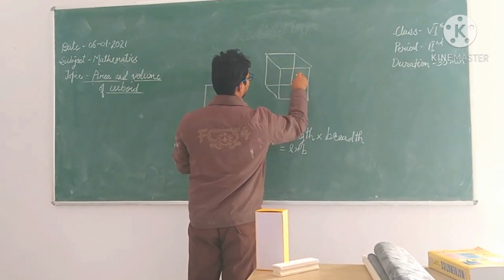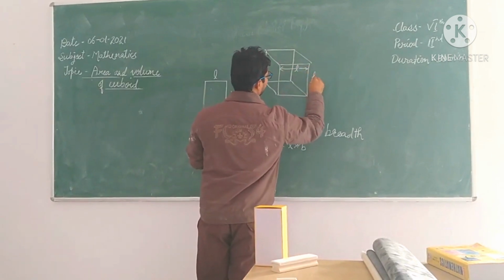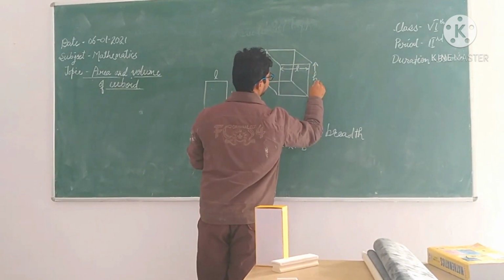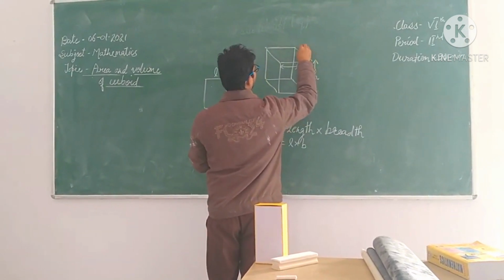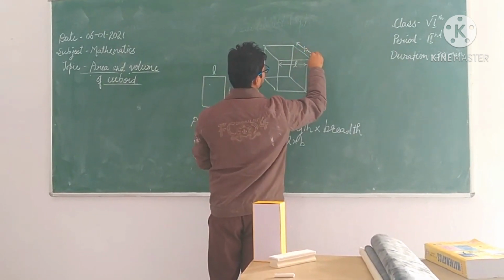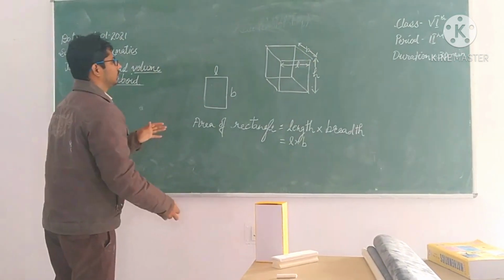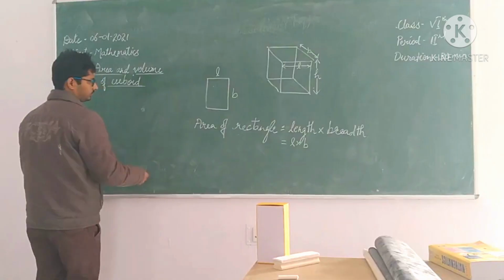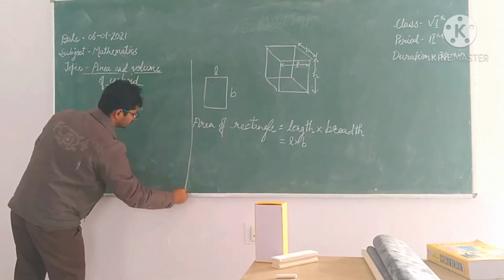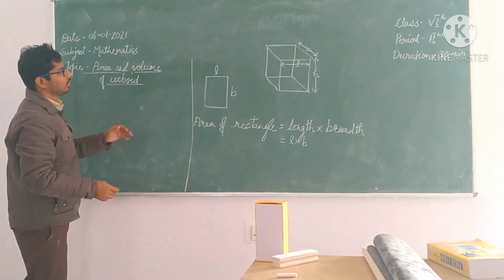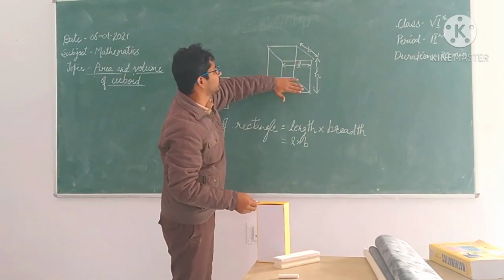So this is length, this is height of the cuboid, h, and breadth of the cuboid is b. Now tell me the area of the rectangular face which is in front.